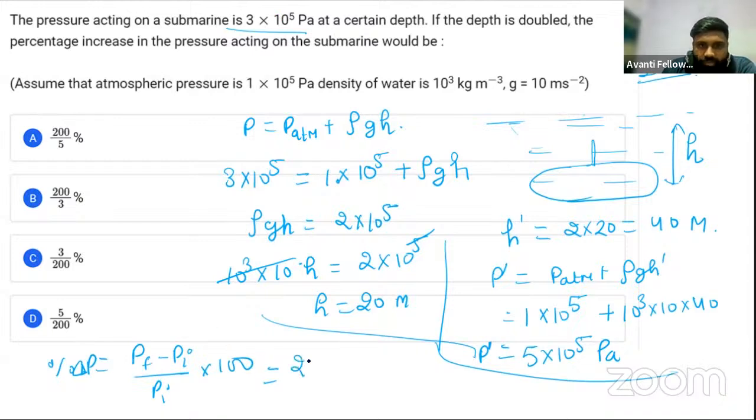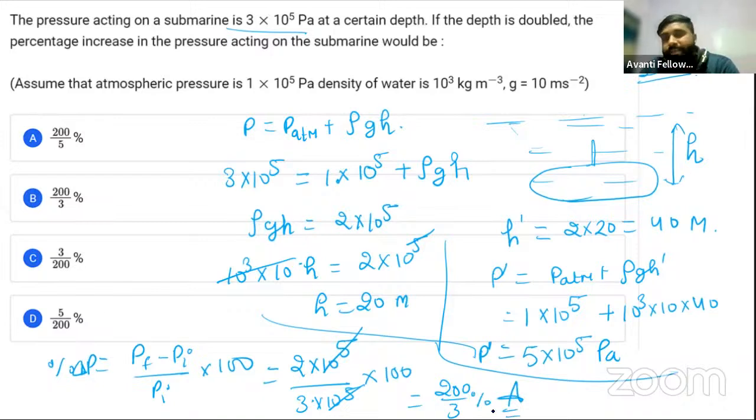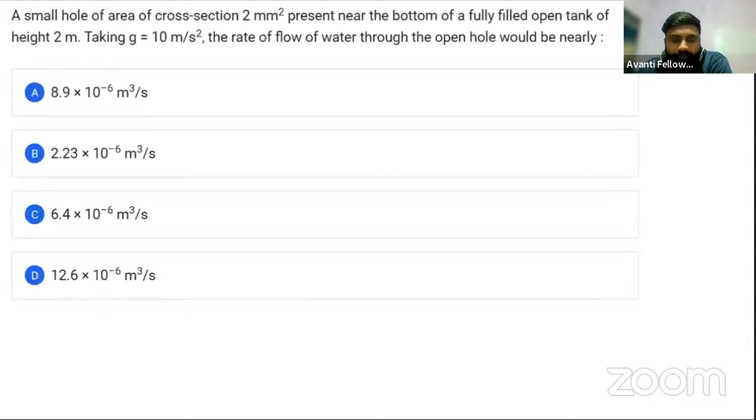So this will become 2 into 10 raised to the power 5 divided by 3 into 10 raised to the power 5, multiplied by 100. So this will cancel out. This will become 200 by 3%. So this much is the increase in the pressure acting on the submarine. Okay, so 200 by 3. Now, I hope you got it clear. If you have any kind of doubt in that question, you can ask.